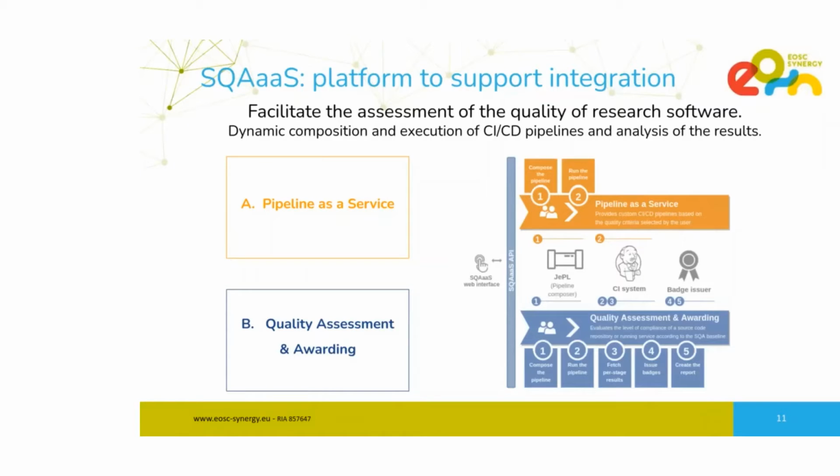And quality assessment and awarding, where you are able to test your repository against those quality criteria, and depending on how many of these criteria are available for testing and how many you satisfy, the corresponding badge is issued.